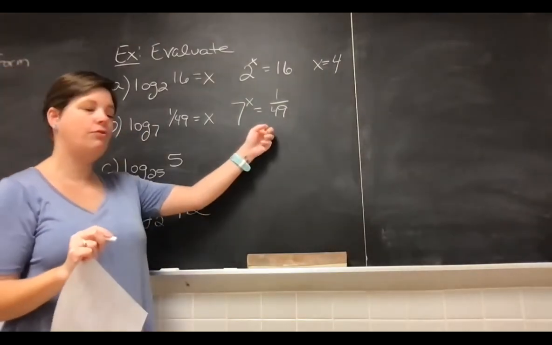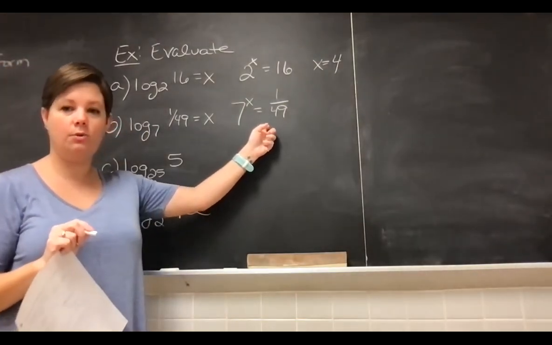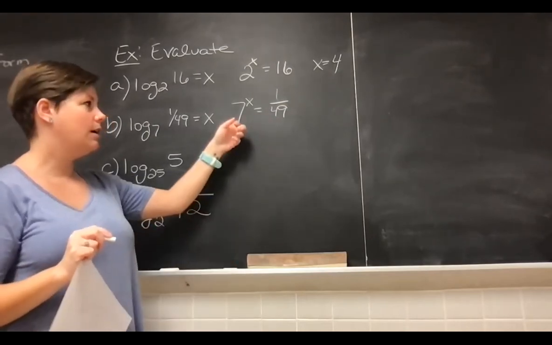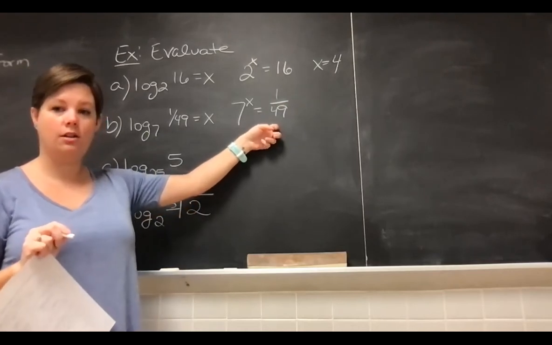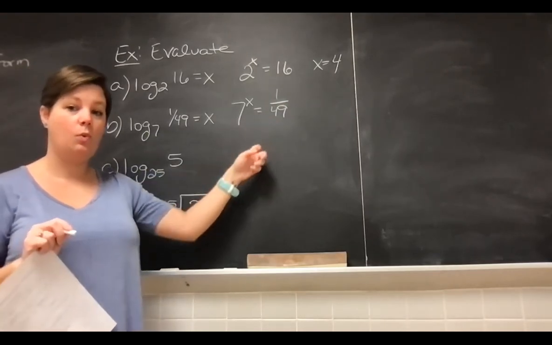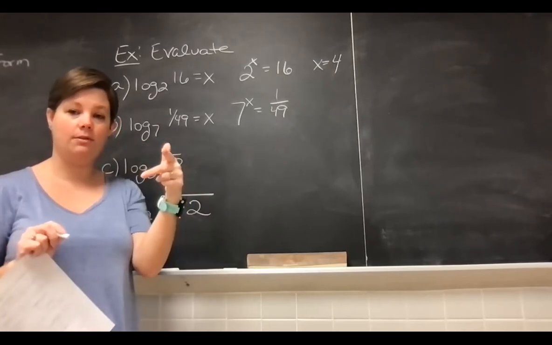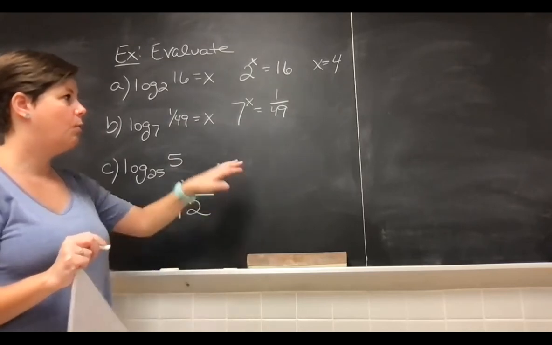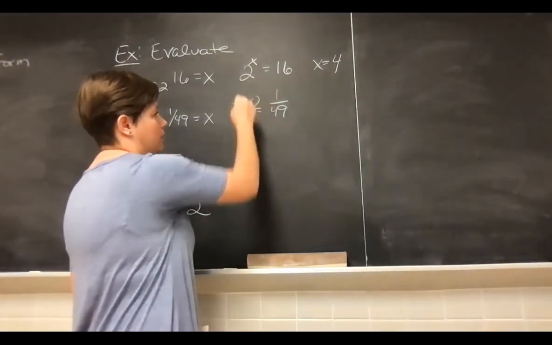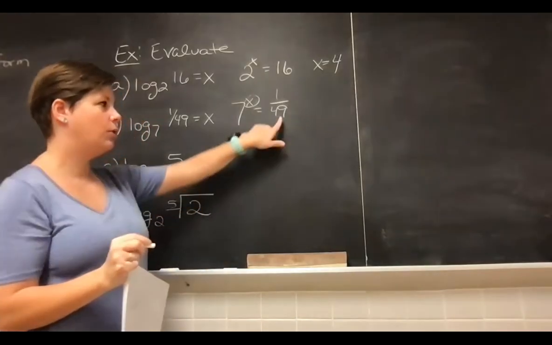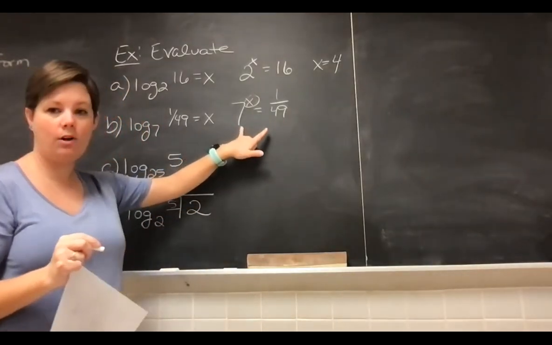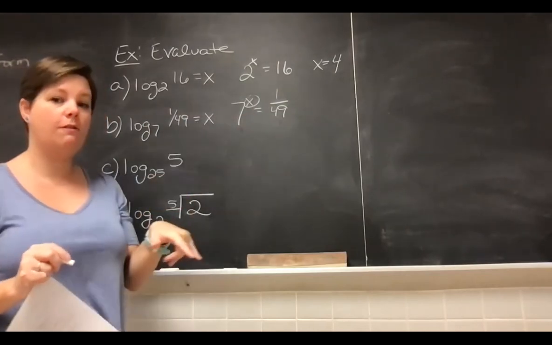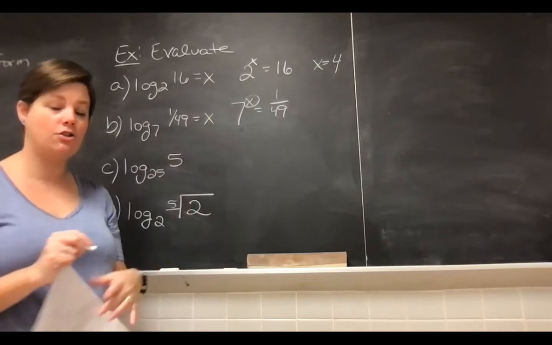Hopefully this doesn't completely lose you and you remember a little bit of dealing with fractions or with exponents. How do we get a whole number into a fraction if we need an exponent? Negative exponents flip. They take our whole number and turn it into a fraction. So what do we need up here to give me a 49? 7 to what power gives me 49? 7 squared gives me 49, but I need it to be in a fraction form.